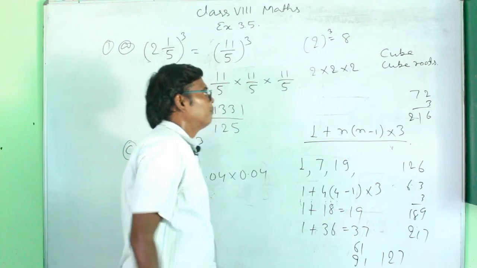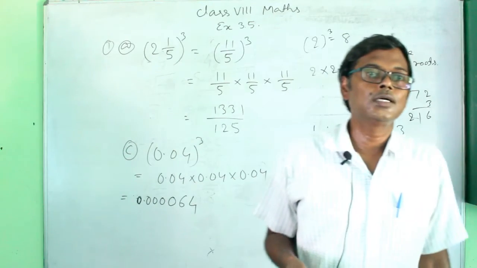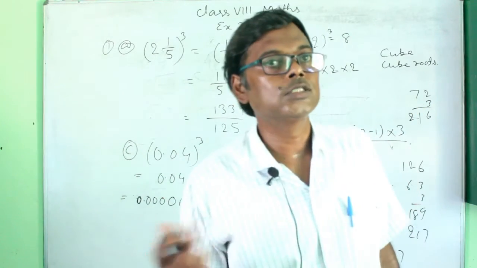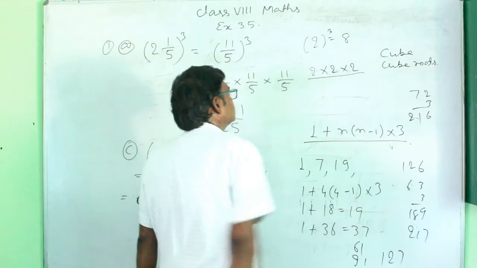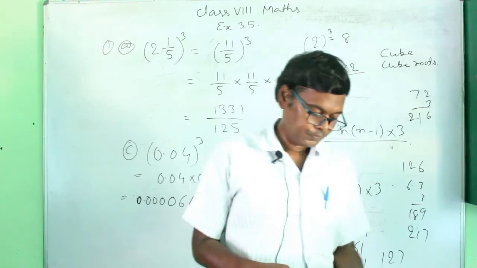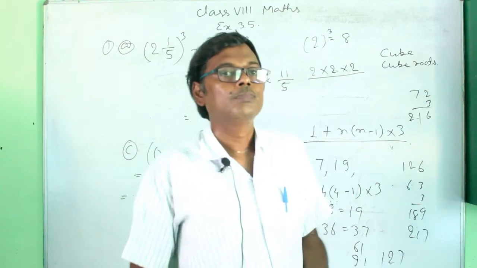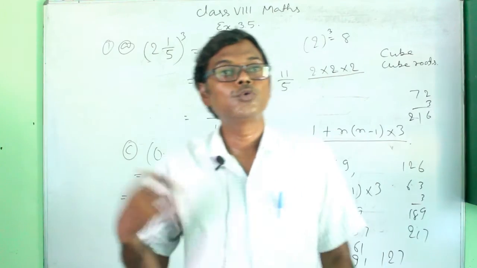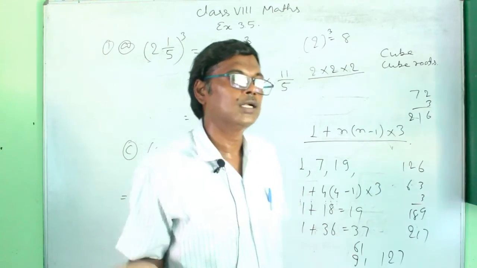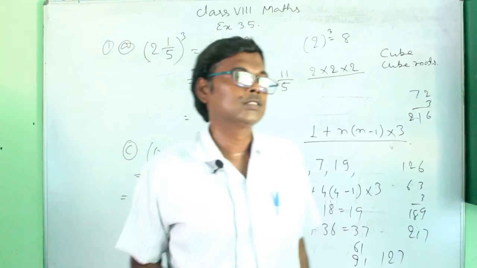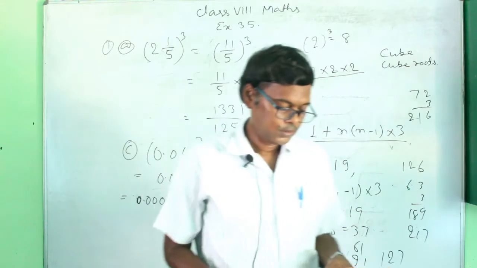When a number is the cube of a natural number, it is called a perfect cube, and this is called the triplet of the same number, the product of triplets of equal factors. Here all the factors are 2, 2, 2, so all the factors are equal. When you have this kind of number, it is called a perfect cube.